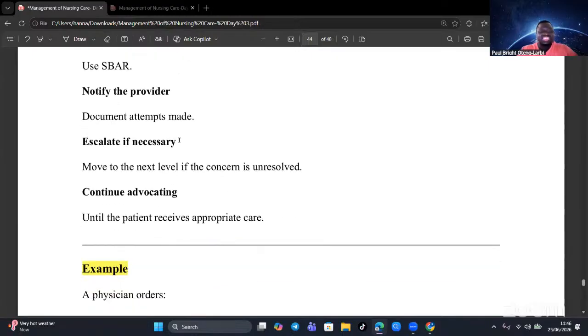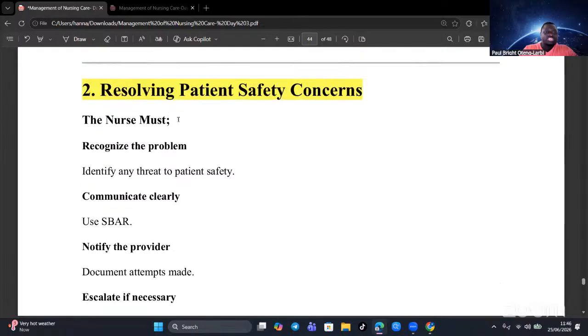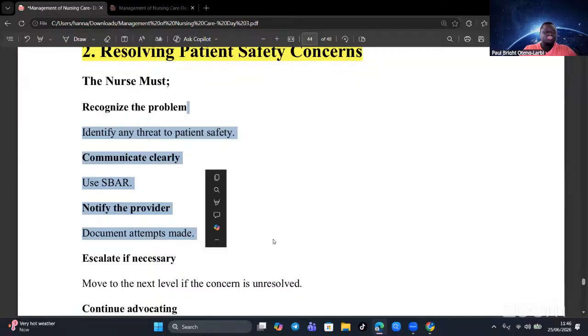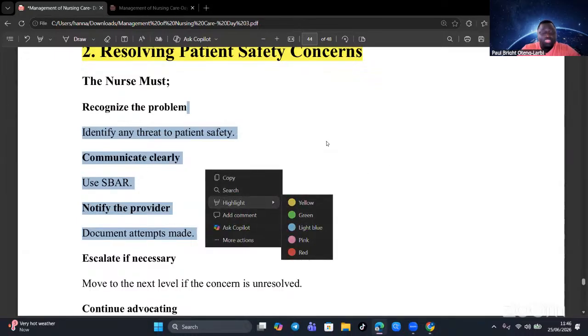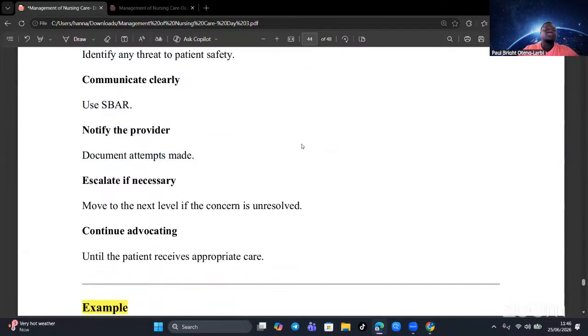Escalate if necessary. So from this part to this part, you, the nurse, are going to try to solve the problem within your strength or your absorptive capacity. If it is beyond your strength or beyond your scope, or if a solution is not met, then you escalate and take it to a higher level.